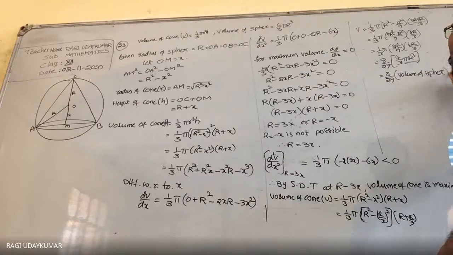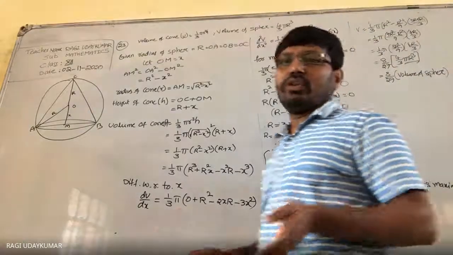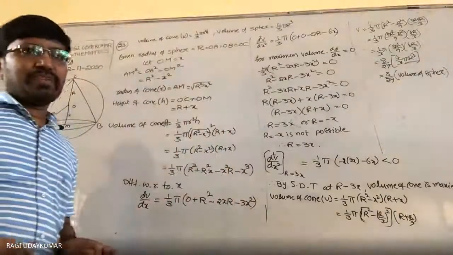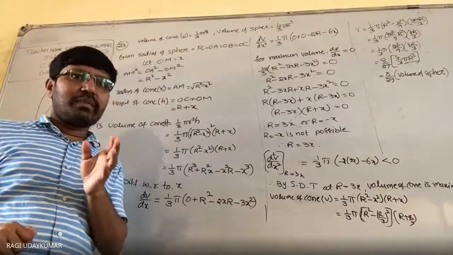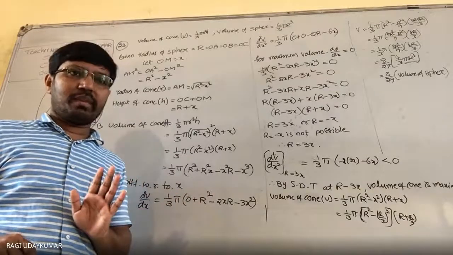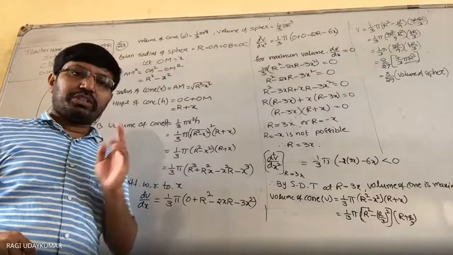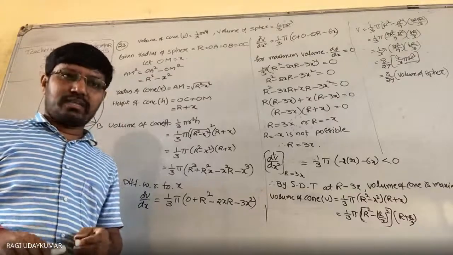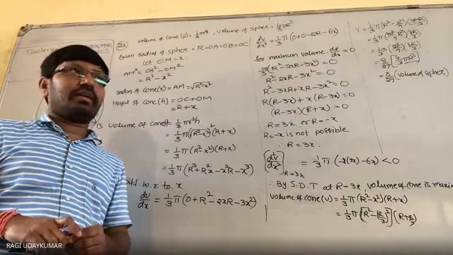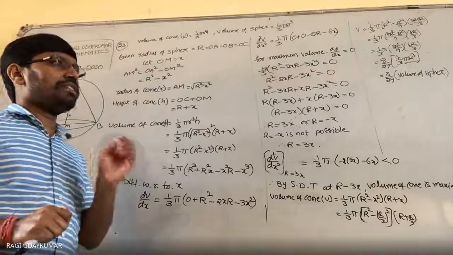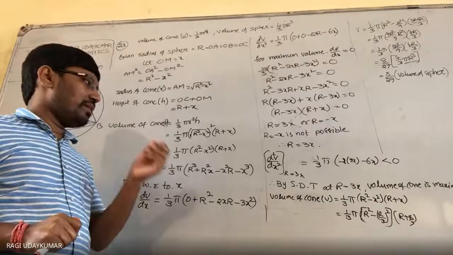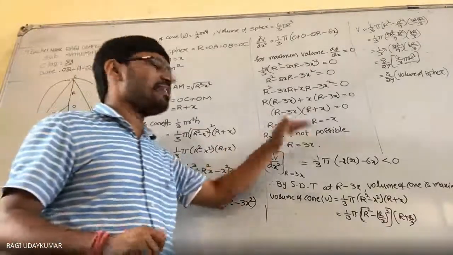So if the same question is asked to you in a different way, most of the students get confused. Blindly, most of the students will remember that 8 by 27 problem. You are not supposed to remember like that. Do you know what was changed in the question? Sorry, the question is changed a little bit. It is asked that R is equal to 3x.